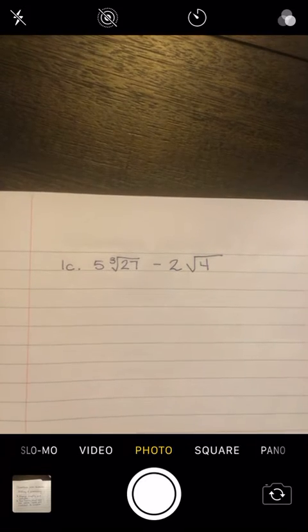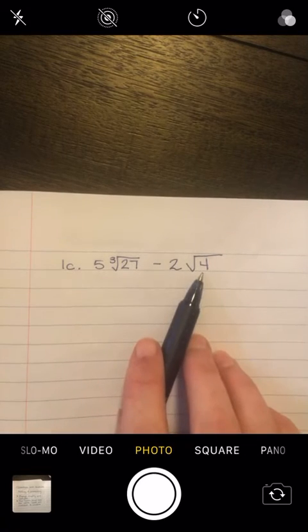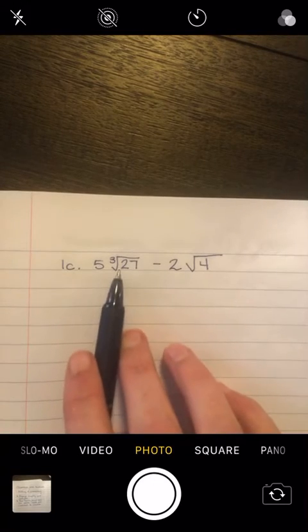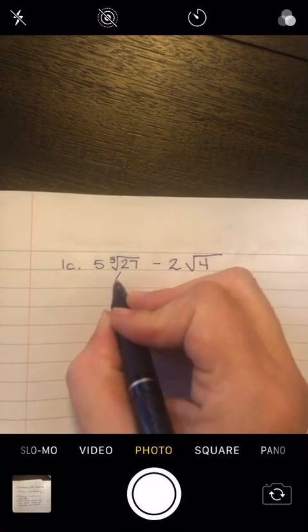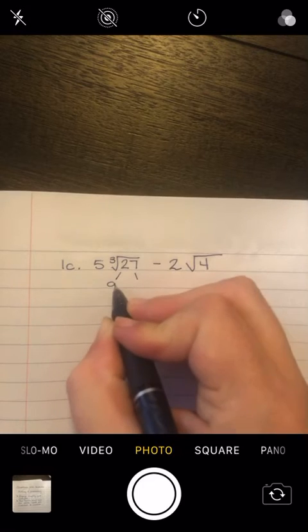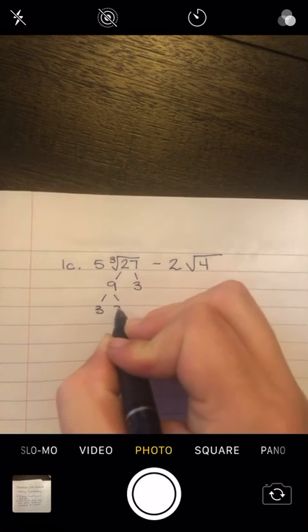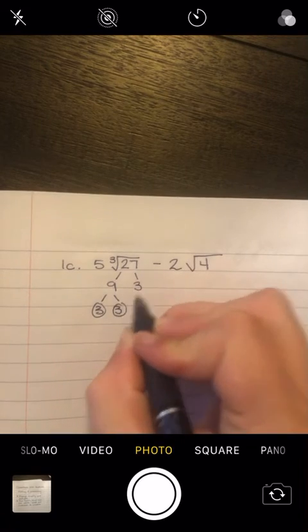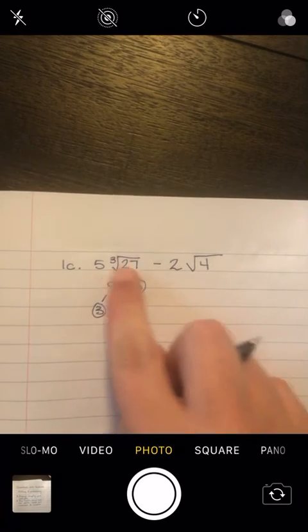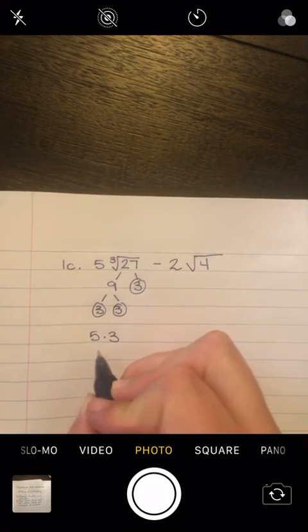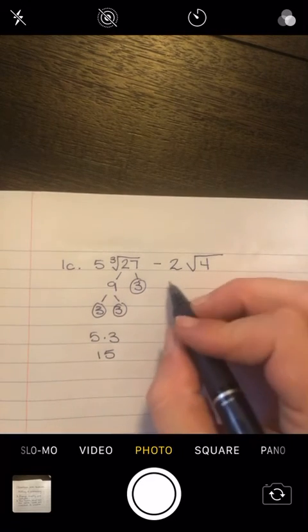Now, if I forget the simplify step, I might easily say that you cannot simplify this one. But if I look closer, 27 is equal to 9 times 3, and then 3 times 3. So I do have 3 3s for this one to come out. So this really turns into 5 times 3, which is 15.